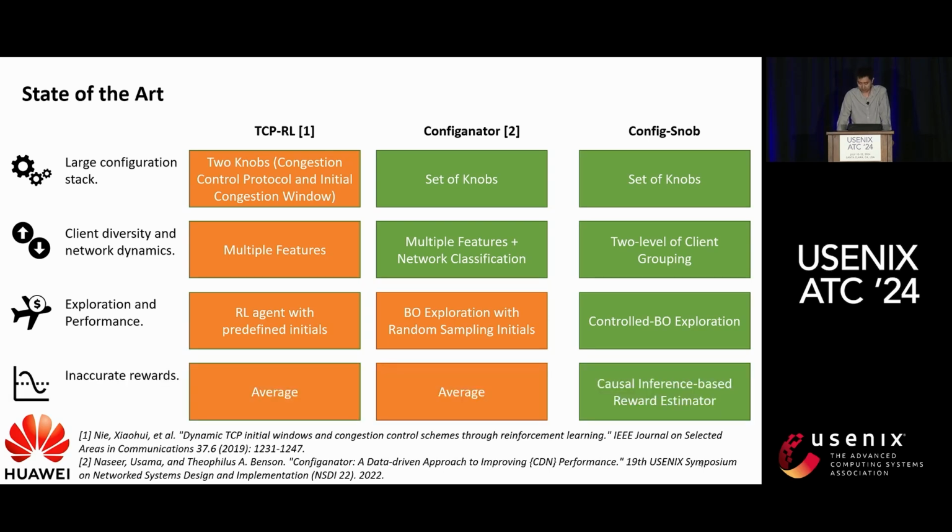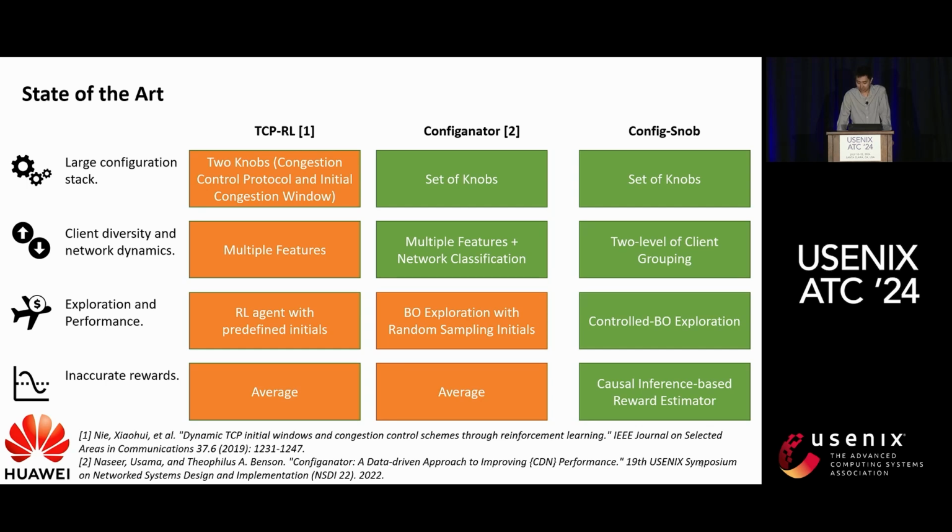Last but not least, the average reward is calculated to evaluate the impact of configurations, which may not be accurate due to randomness and complex dependencies between data samples, as well as insufficient data in some realistic scenarios.